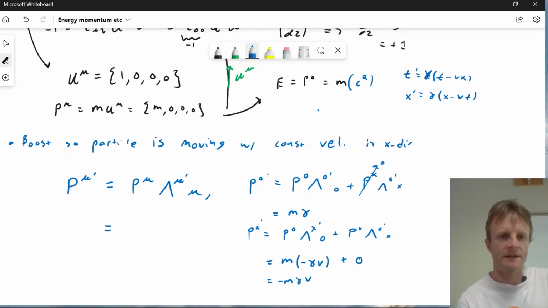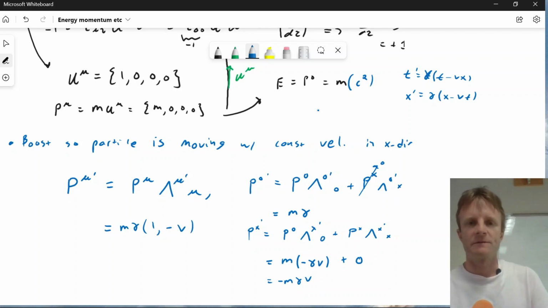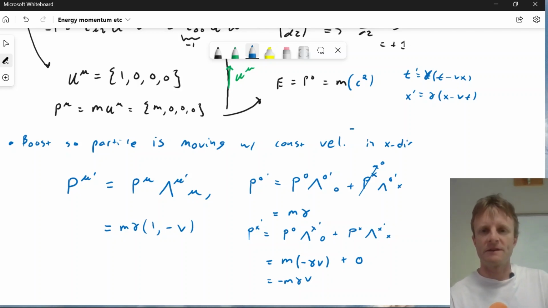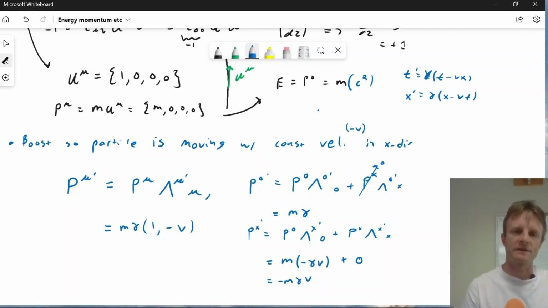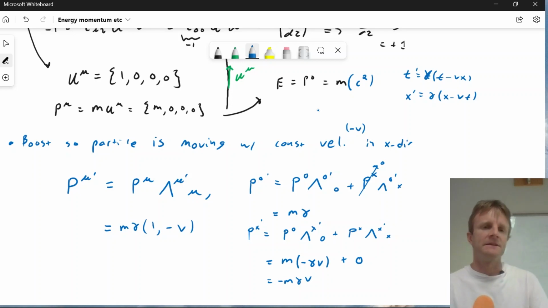Okay, so now we can come here and notice that p^μ', there's a common factor of mγ. And I got (1, -v). So the particle is moving now with constant velocity minus v in the x direction because I boosted with velocity v in the x direction.